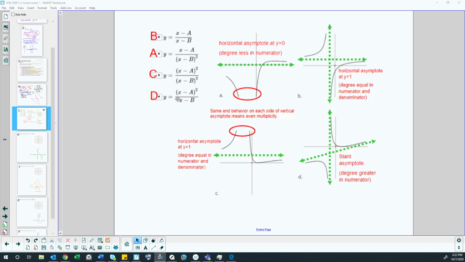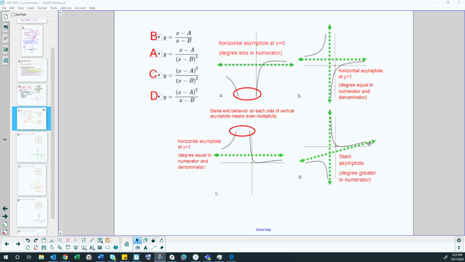D is this last one here. Again, we've got the graph touching the x-axis at point A because of that multiplicity of 2. And then we have a multiplicity of 1 in the denominator, which means these are going opposite directions around our asymptote. And then this has our third type of horizontal asymptote, which is no horizontal asymptote.